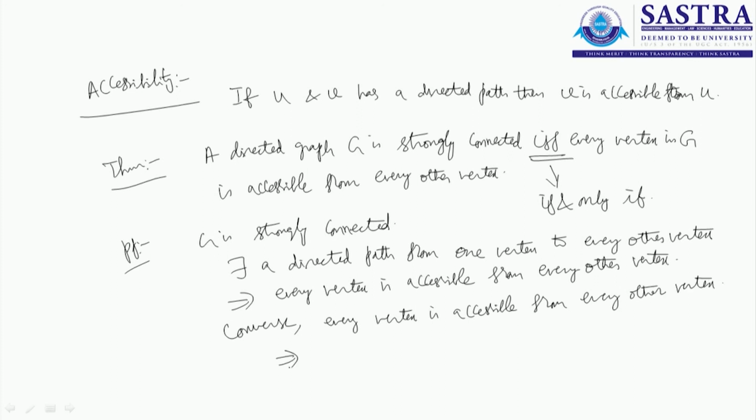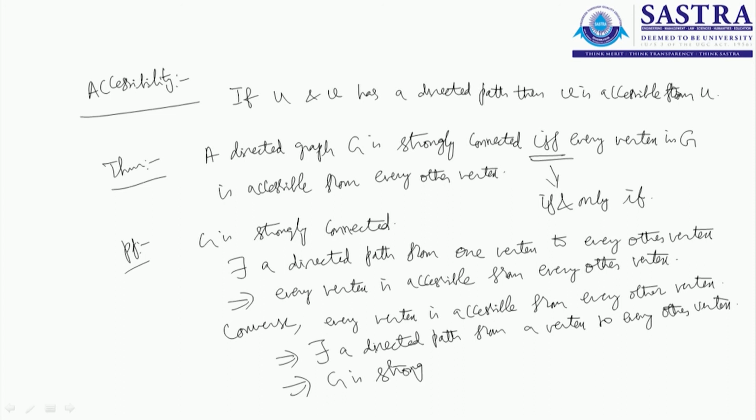This means that there exists a directed path from a vertex to every other vertex. So this would be the definition of strongly connected, which implies that G is strongly connected.